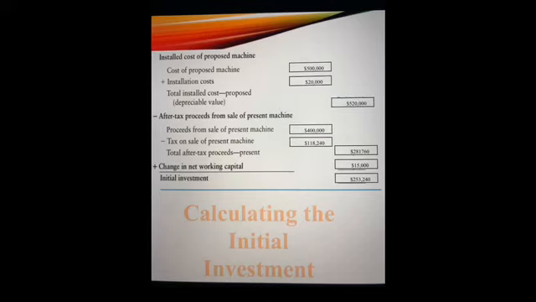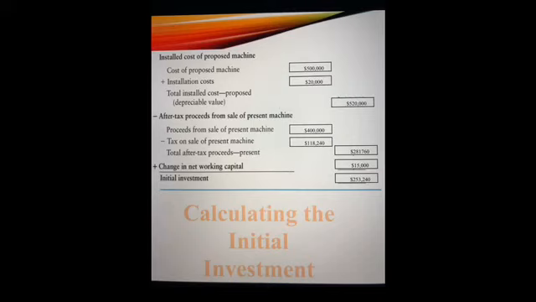Then you have the after-tax proceeds from the sale of the present machine, which was $400,000. Now you have 180,240, which is your tax on the sale of the present machine.